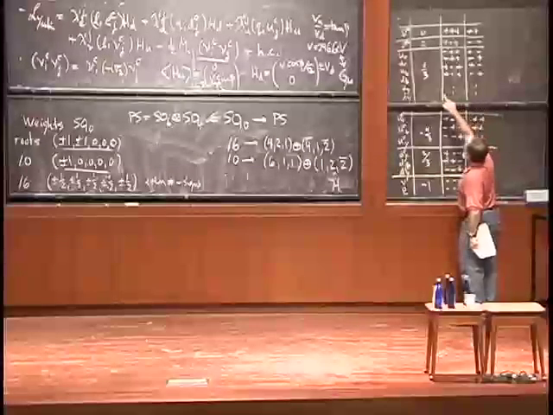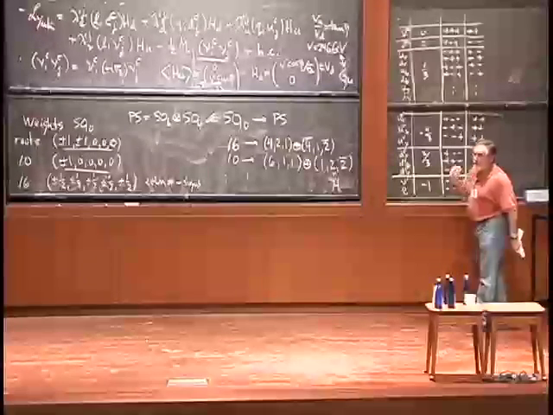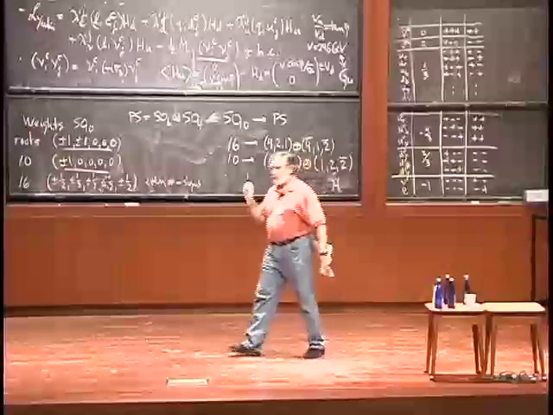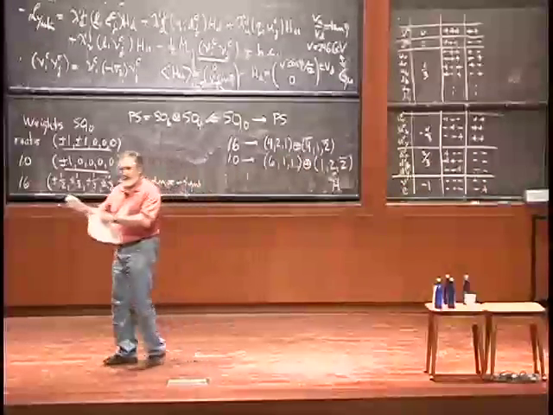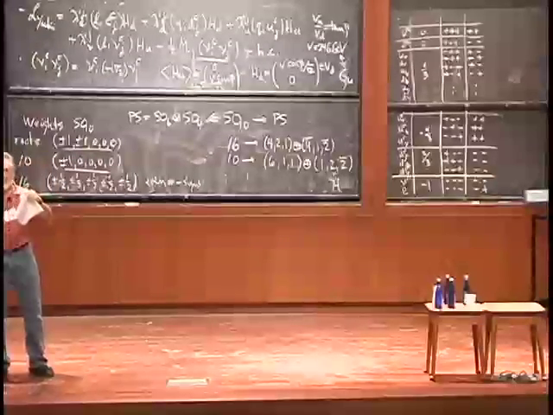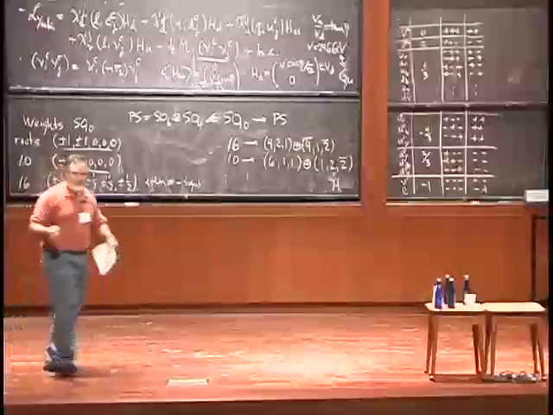If you look at these states, the states with two minus signs, if you're in the space of states with two minus signs, you cannot get out of that space of states with an SU(5) operation, which raises and lowers an index. It doesn't change the number of minus signs.